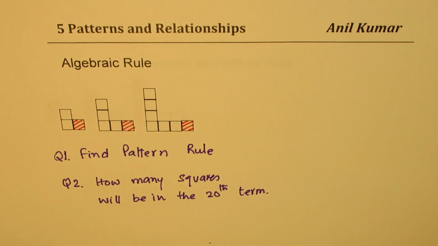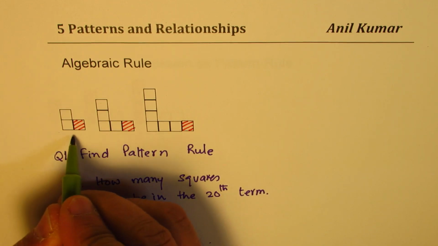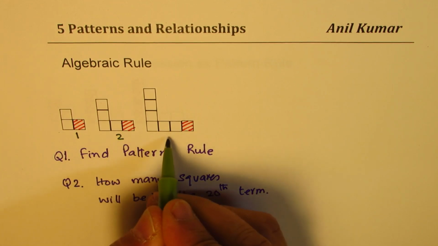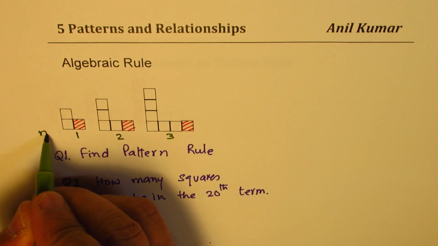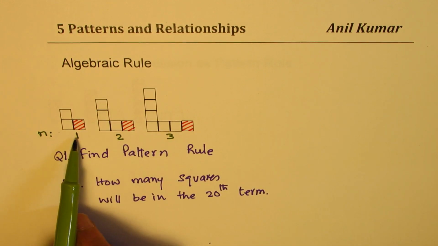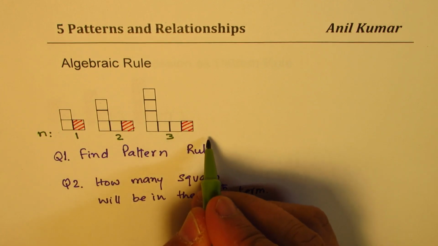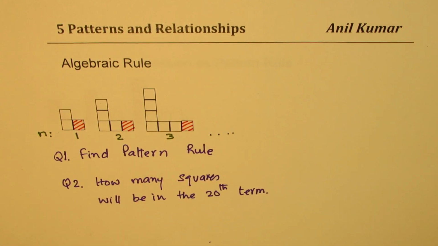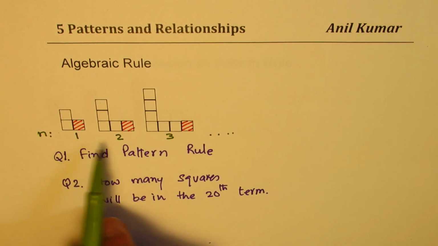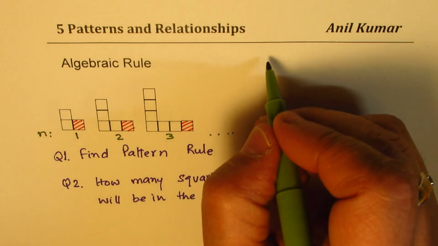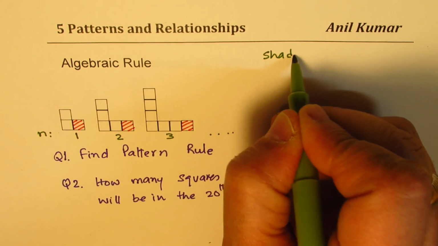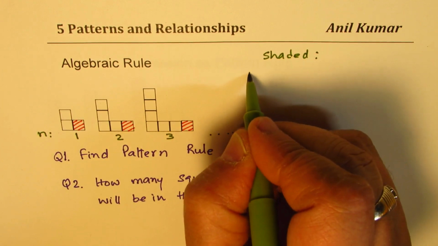Well, let me explain once again. These are the different terms. This is our term number 1, this is 2, this is 3. We are calling them our numbers, right? So here, n is 1, n is 2, n is 3, and so on. It increases, correct? What you see here is how many are shaded and how many are not shaded.